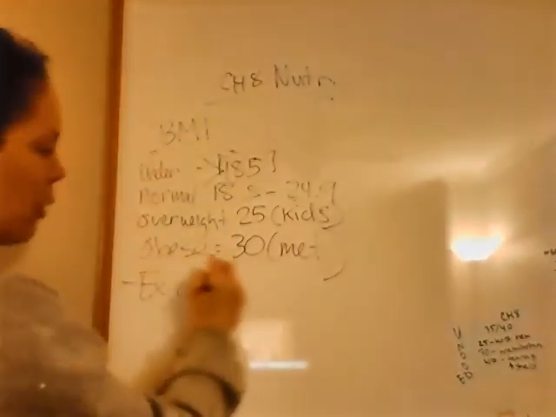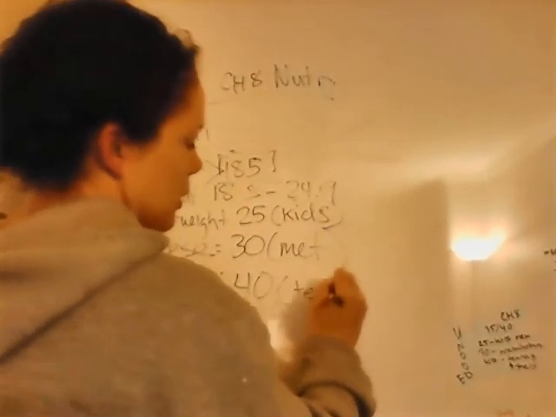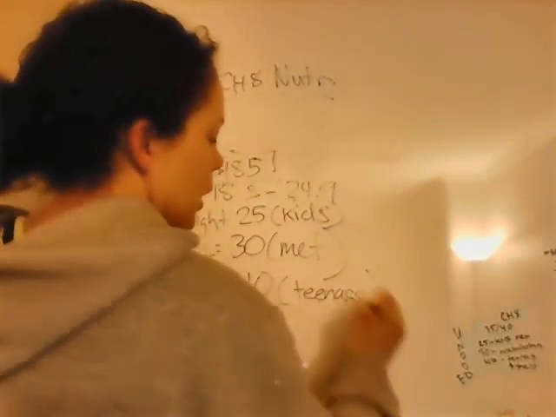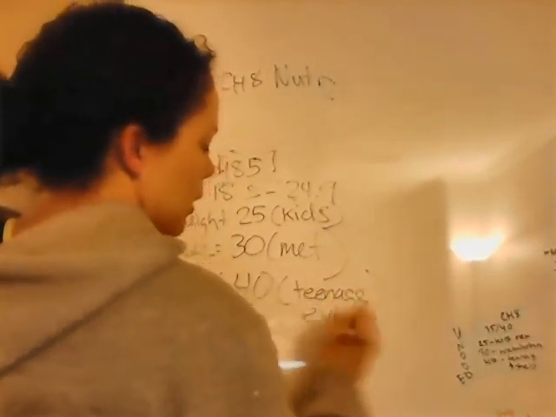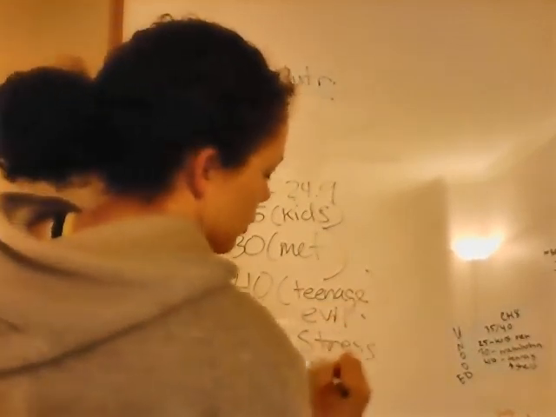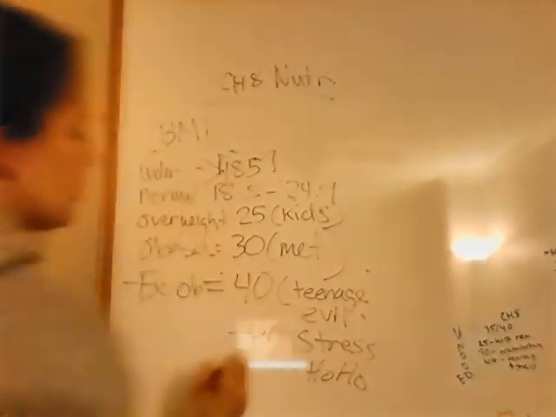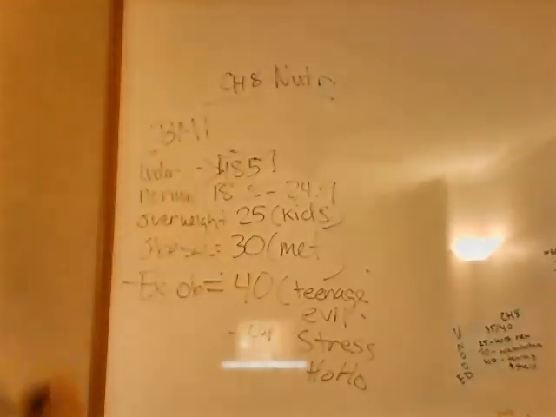And by the time that you are 40, your kids are teenagers. And if you know anything about teenagers, they're evil. It causes you tons of stress, and you eat tons of Ho-Hos or cupcakes and my favorite, apple fritters. So at 40 you are now extremely obese.